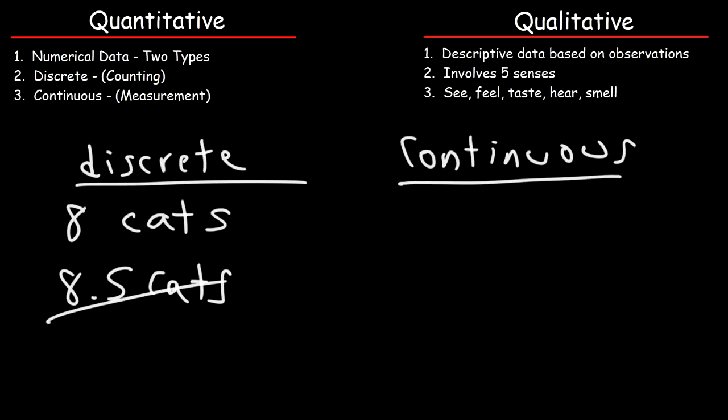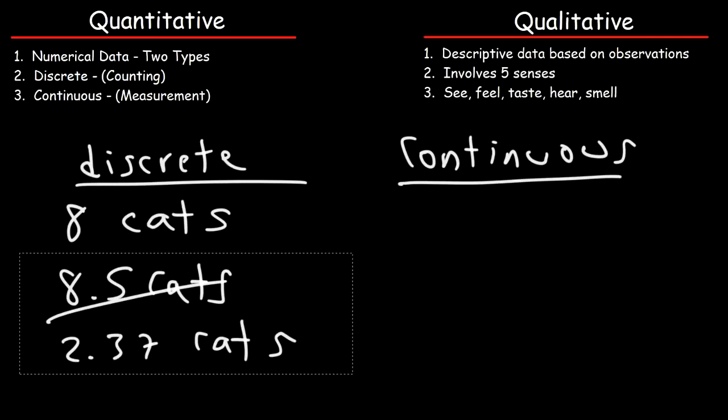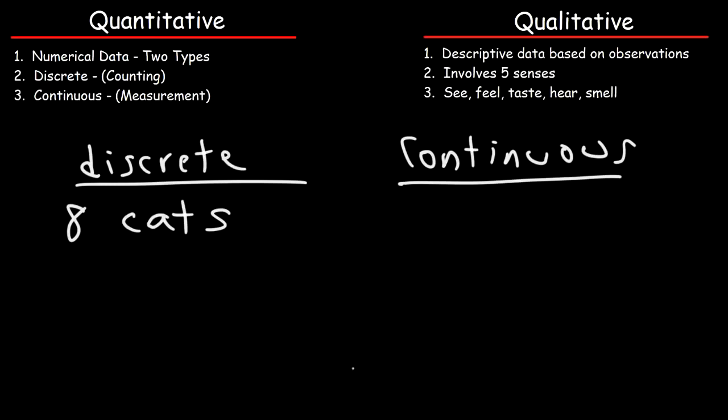That's not possible. You can't have 2.37 cats. And so when you're counting, let's say animals or objects, it's based on whole numbers or zero as well. But you can't have any number in between. You can't have 7.46 cats. So counting is based on a discrete numerical data.